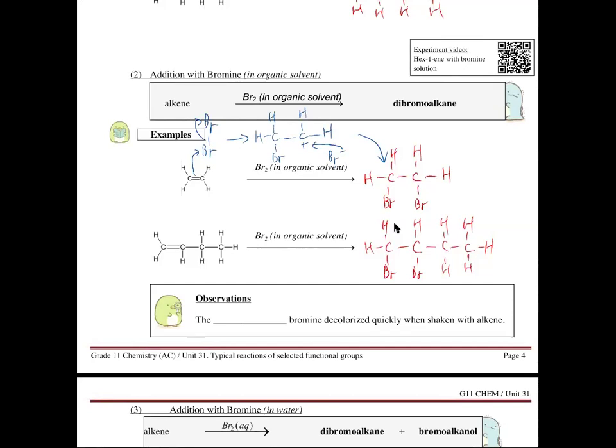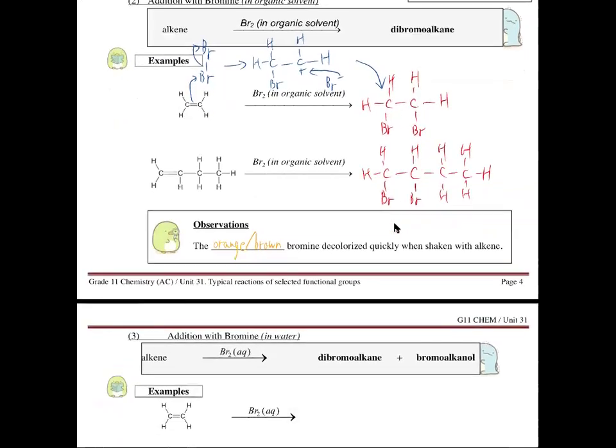It should be orange or brown color, and it is decolorized quickly when shaken with alkene. Very good. So the yellow-brown color will decolorize quickly. Okay, so a quick recap of what you have learned.